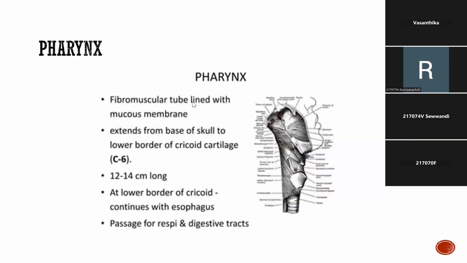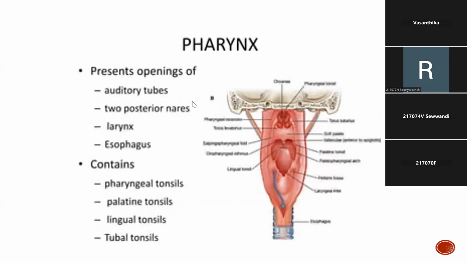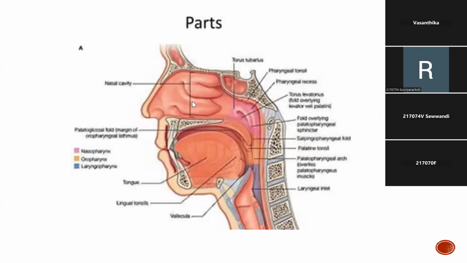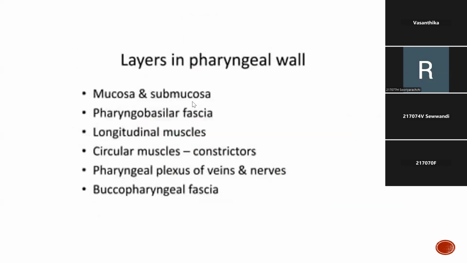If we move into the pharynx, the pharynx is again a fibromuscular tube, which I don't want to discuss too much. It gives opening to the esophagus. You can see the pharynx area, which I'm not going to talk about the anatomy here.